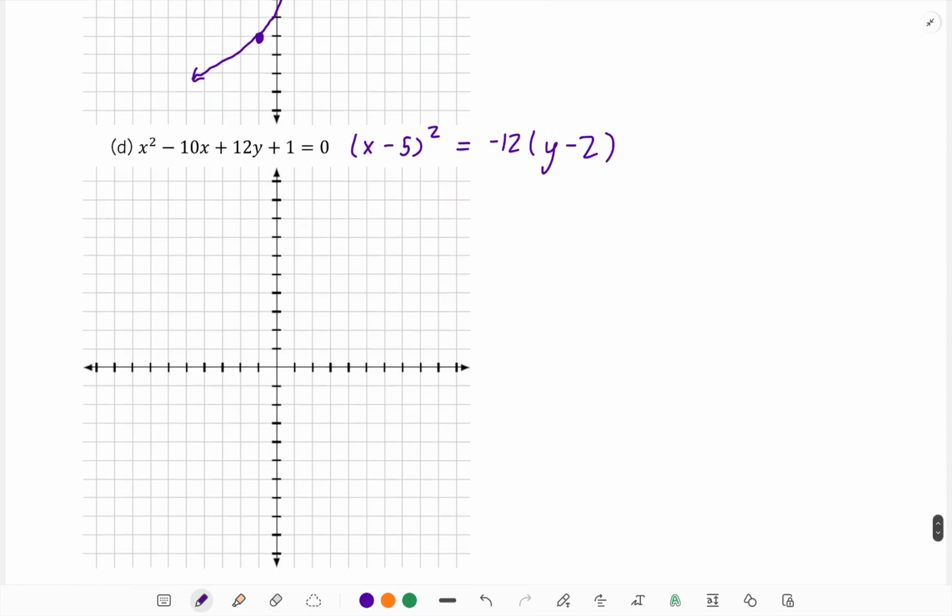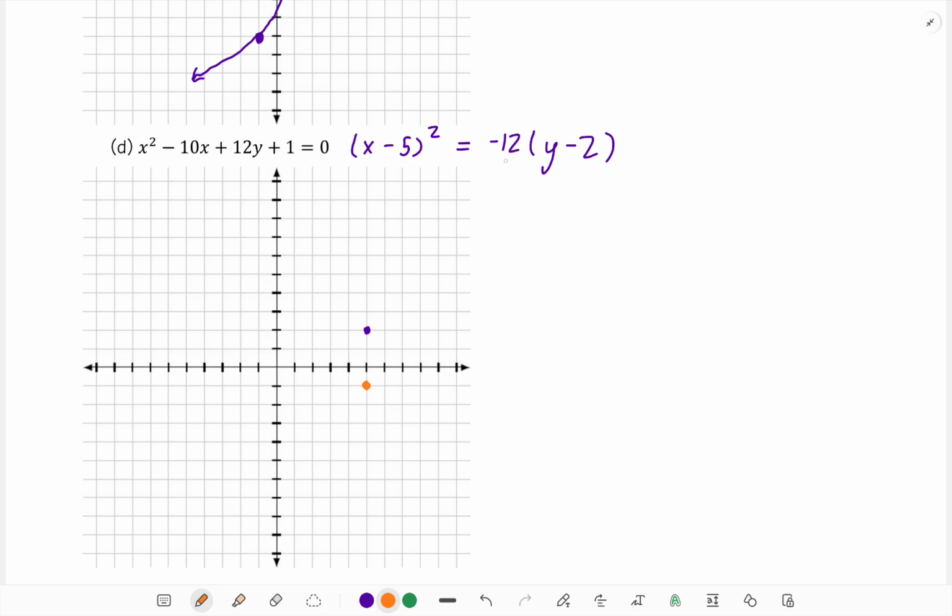And let's go ahead and graph it. So I know it has the vertex, like we said, of 5, 2. So 1, 2, 3, 4, 5, 1, 2. And then our focus, we said, was 5, -1, because it's 3 below the vertex.